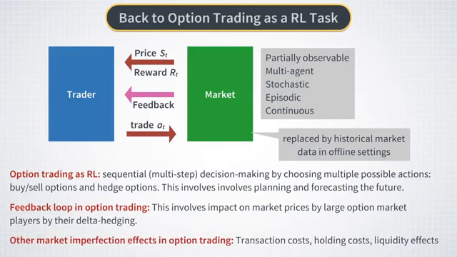And adding market impact and transaction costs simply amount to modifying the reward function in the reinforcement learning setting, keeping the rest of the methodology intact. And this is exactly why reinforcement learning appears to be a very natural and computationally attractive approach to option pricing, hedging, and trading.